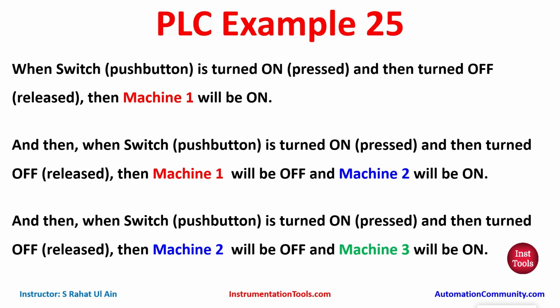We will also be using some memory bits, and we will also be implementing some logic gates like AND, OR. So let's move to EcoStruxure Machine Expert, where we will draw a ladder diagram for this example.